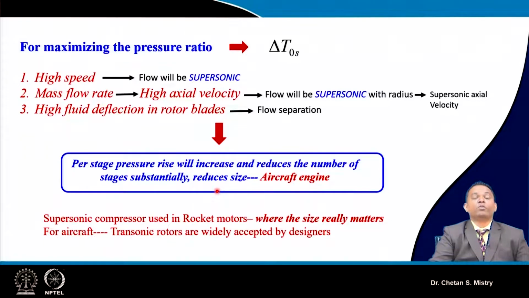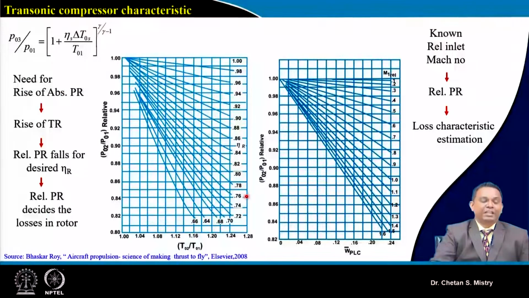But before going into the design concept, we need to understand the differences between subsonic and transonic compressors. Now let's see, this is a representation of what we are discussing. Say we are looking for a high per-stage pressure ratio. That means we are looking for my delta T0 to be larger.